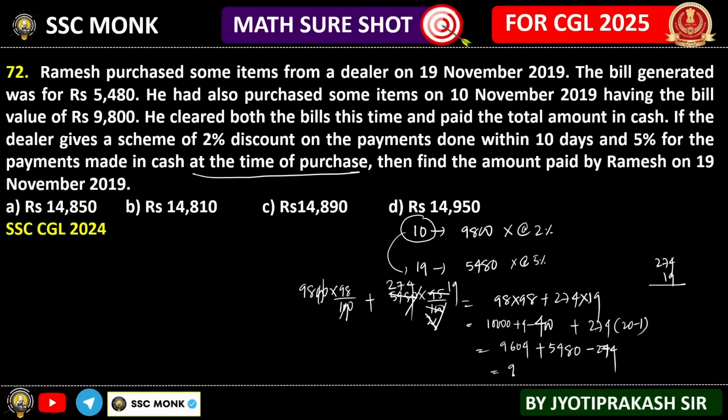Or this can be written as 9604 plus 0 minus 4 is 6, 17 minus 7 is 7, 7 minus 7 is 0, 54 minus 2 is 52. That is equal to 6 4 10, 1 6 2 8, 9 plus 4 is 9, plus 5 is 14. So 14,810 is the right answer.